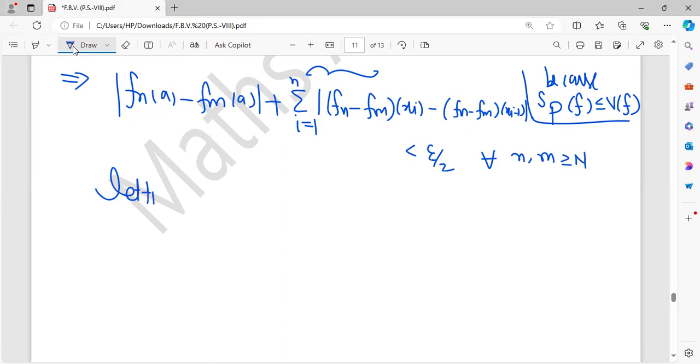Letting m tending to infinity, what do we get?